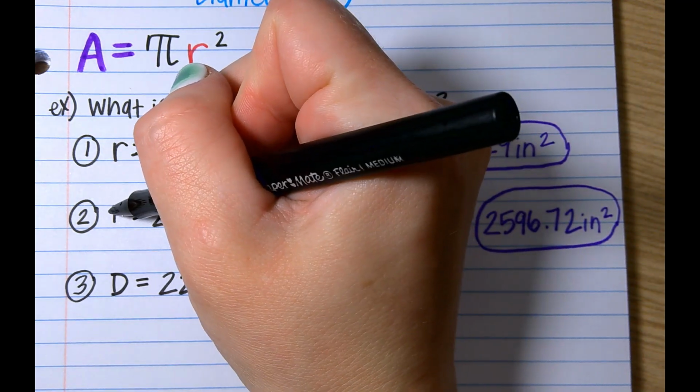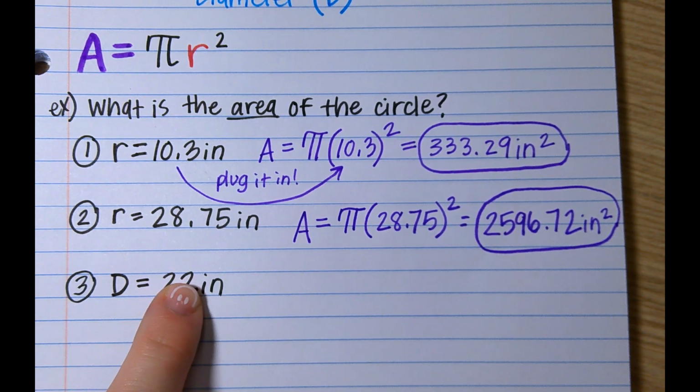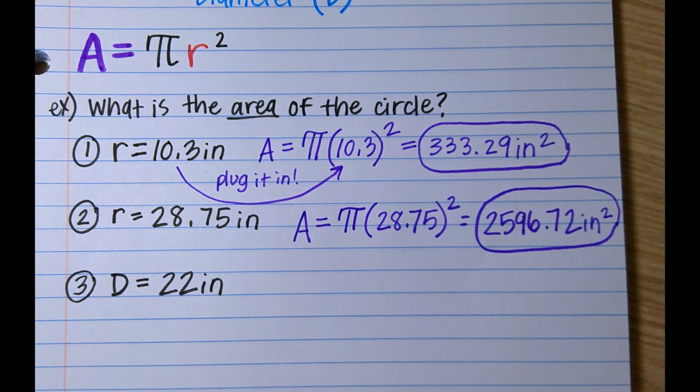Now, if I give you the diameter instead of the radius, can we use 22 in our formula the same way that we've been using the radius? No. What are we going to have to do? Erica? Divide by 2.